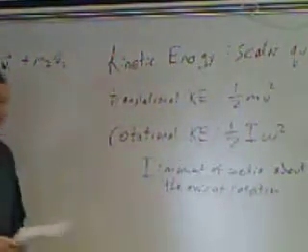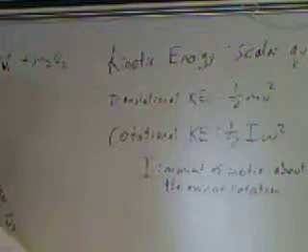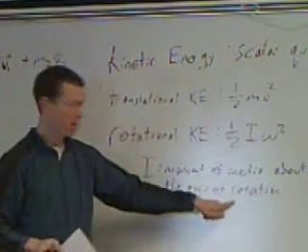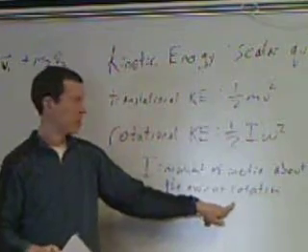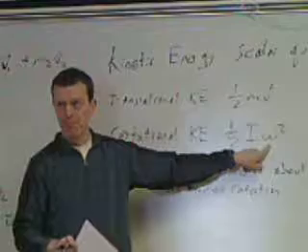Oftentimes we'll do I about the center of gravity of whatever object it is. It doesn't have to be. So it's about the axis of rotation. What axis of rotation, you might ask? Whatever axis of rotation our omega is going around.